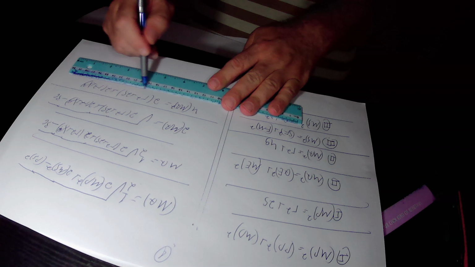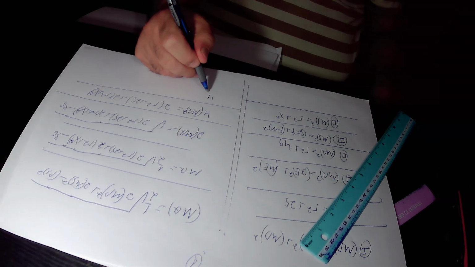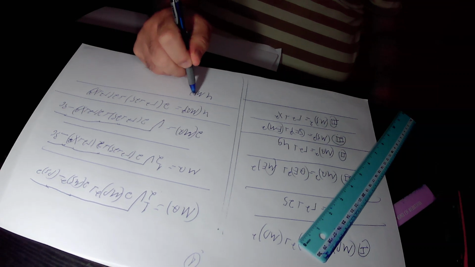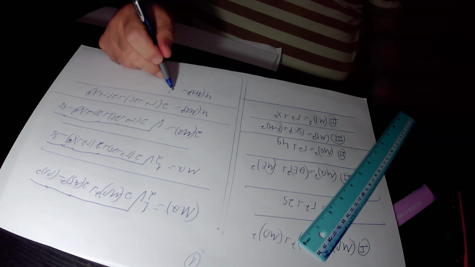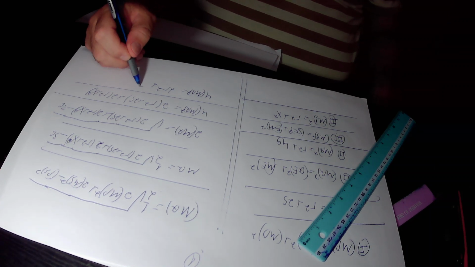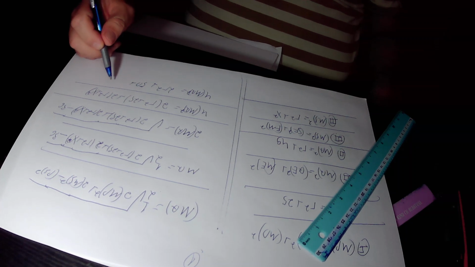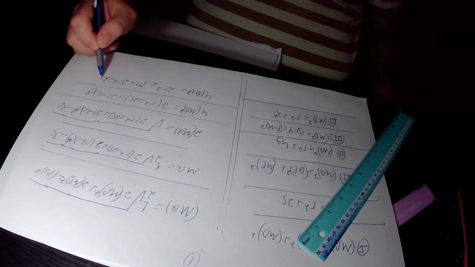Here we will open the brackets on this side and we get that 4 times MQ squared equals 2 times r squared is 2r squared, plus 2 times 25 is 50, plus 2 times r squared is 2r squared, plus 2x squared.